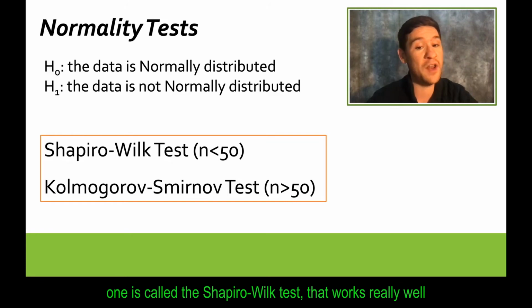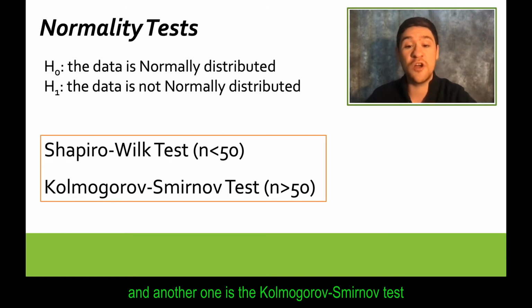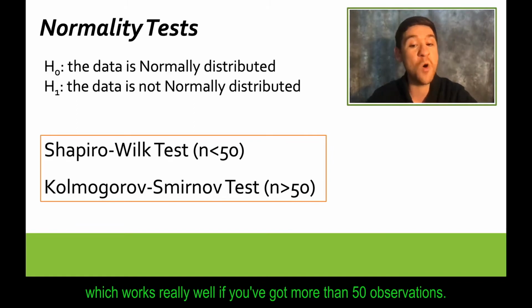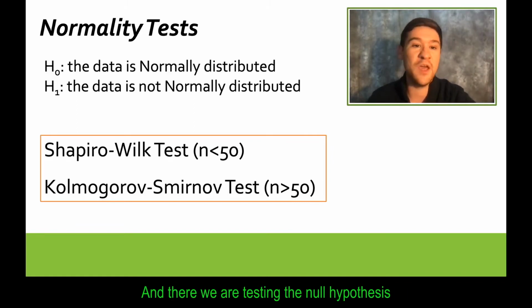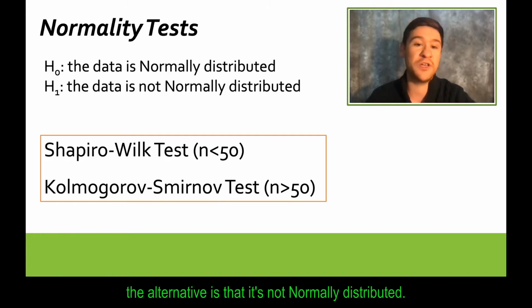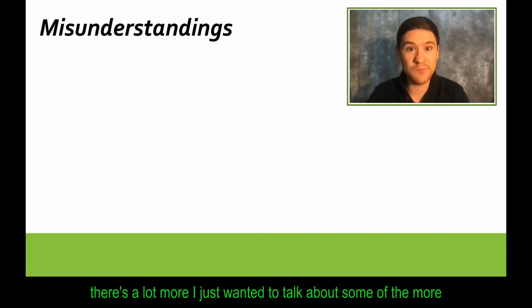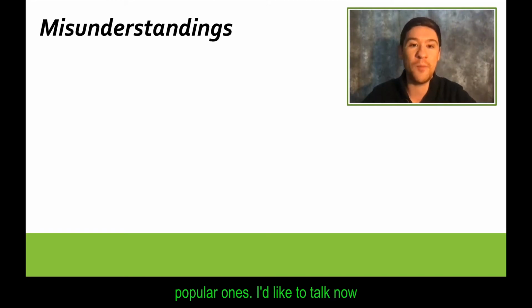That works really well if you have less than 50 observations, roughly. And another one is the Kolmogorov-Smirnov test, which works really well if you've got more than 50 observations. And there we are testing the null hypothesis that it is normally distributed. The alternative is that it's not normally distributed. So that is the kind of variety of tests on offer. There's a lot more. I just want to talk about some of the more popular ones.